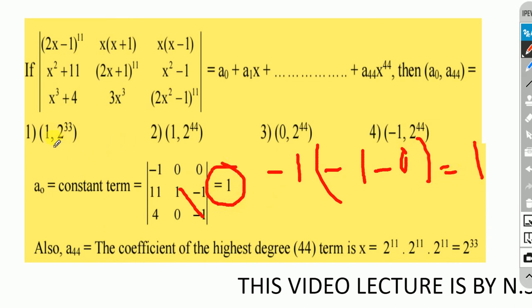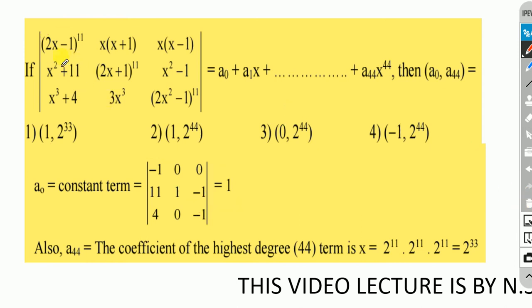In the first two options I have 1 here, so option 2 and option 3 are not correct answers. And you can observe the highest power is (2x minus 1) to the power of 11 here. When you multiply all these three terms, that is when you expand along the first row, I will get (2x minus 1) to the power of 11 plus 11 plus 11, that is 33.